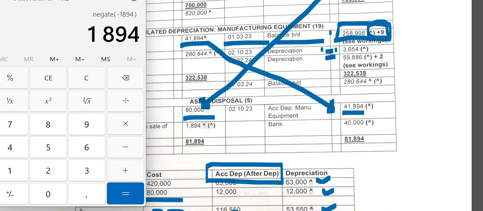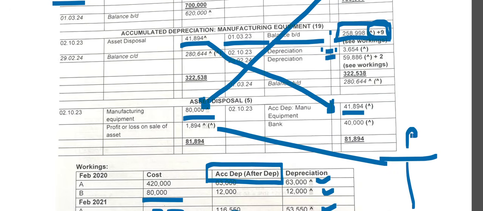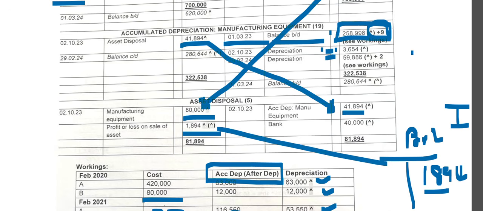And this amount here, the 1894, it would have gone to a profit or loss on sale of account and was a profit, so it would have been credited 1894. But you're normally not asked to do this account, so that's why this is debited, because it's actually closed off to an income account, profit and loss.